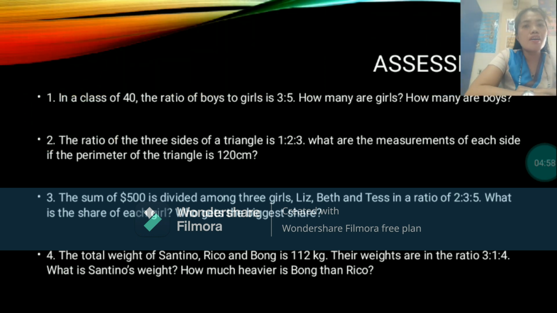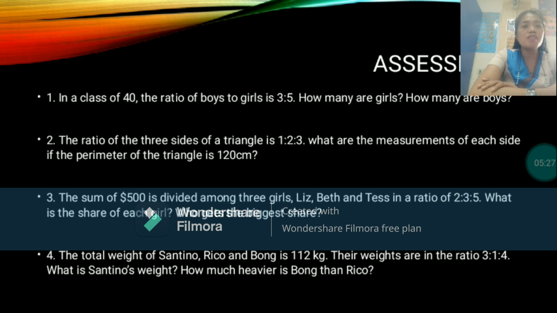You are going to write your answers in your business math activity notebook. Number 1. In a class of 40, the ratio of boys to girls is 3 is to 5. How many are girls and how many are boys? Number 2. The ratio of the 3 sides of a triangle is 1 is to 2 is to 3.